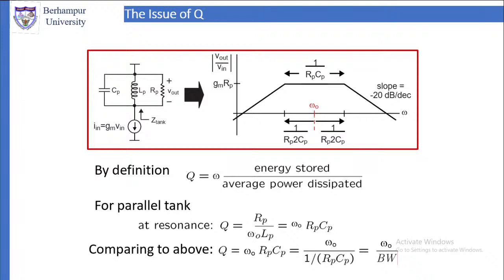Now 1 upon Rp into Cp is the bandwidth, and therefore Q is equal to omega 0 by bandwidth. So from this we find that the Q factor or quality factor is the center frequency by bandwidth. So there are two definitions. First, Q is equal to omega into energy stored by average dissipated energy, and at resonance, it is omega 0 by the bandwidth.